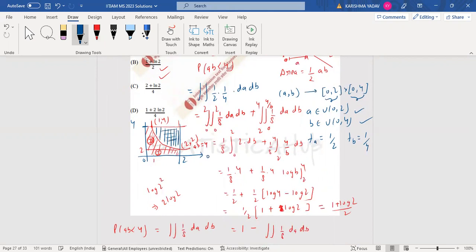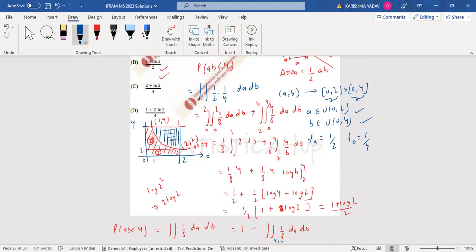We are doing 1 minus the probability of this region. And what will be the limits for this region for A and B? So the A limit would go from 4 by B to 2.